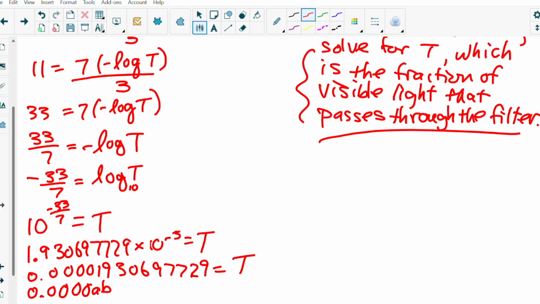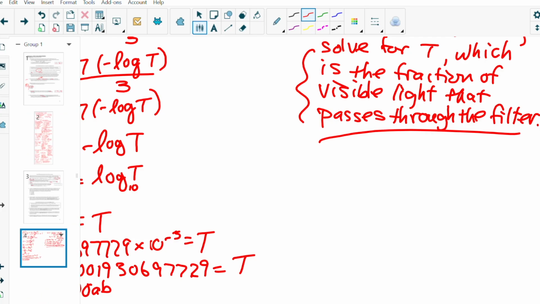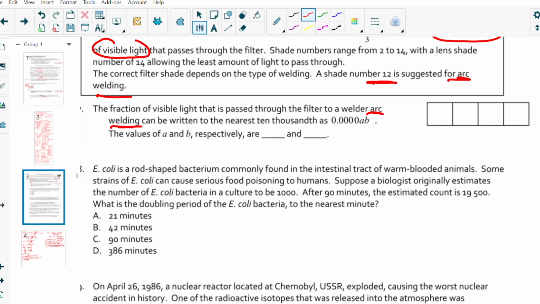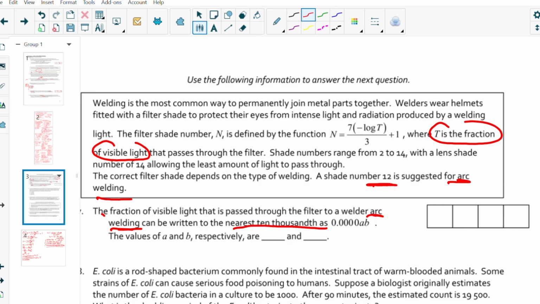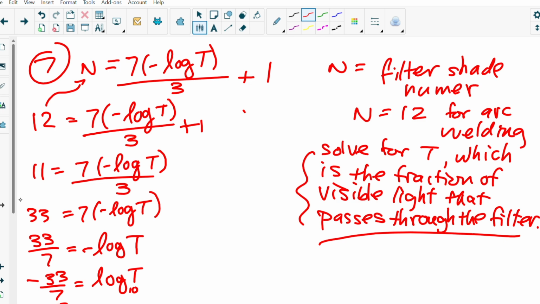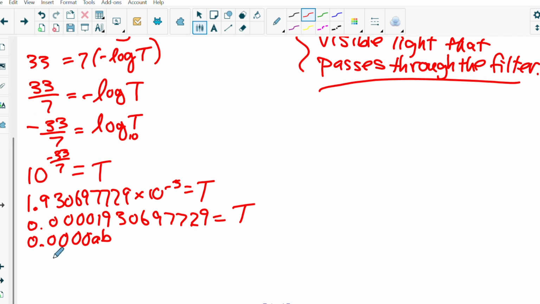Okay, and let me just check what it says. We're matching the form. Are we rounding at all? Let me take a look here. Written to the nearest 10,000th. So we need to round to the nearest 10,000th. So this is 10th, 100th, 1000th, 10,000th.